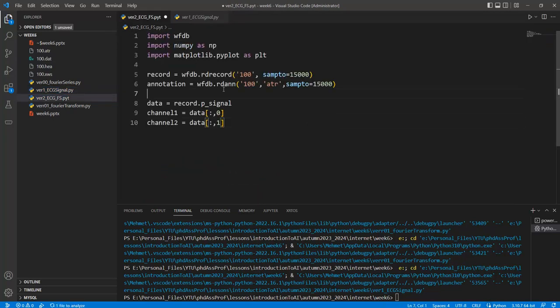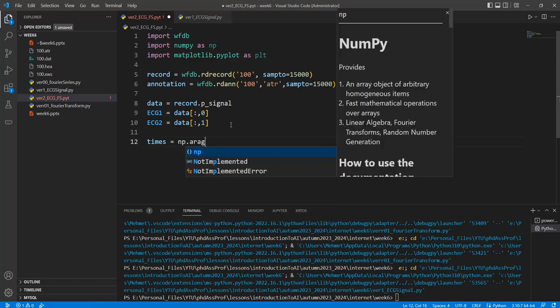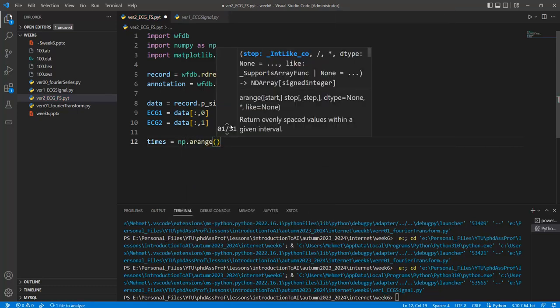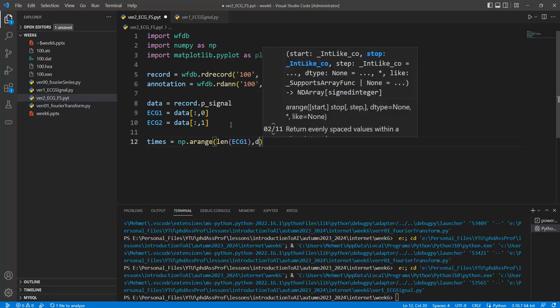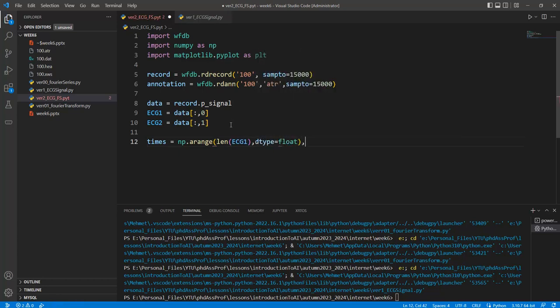ECG 1 and ECG 2 is the basic representation, so we obtain our data here. After that we should create the times pattern with the NumPy arange function, the length of ECG1 and dtype float, divided by record fs, right?